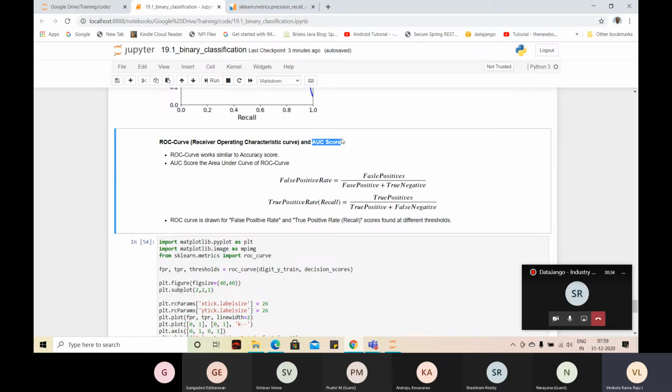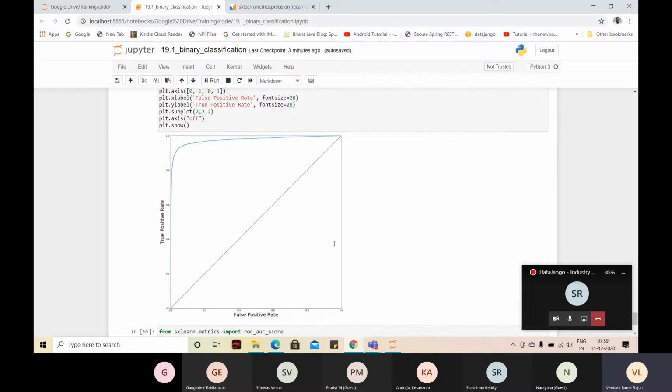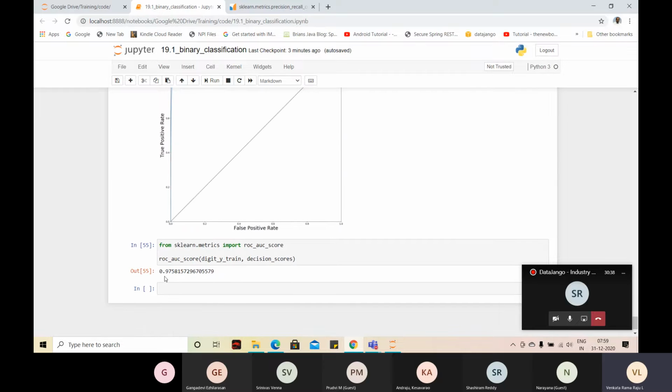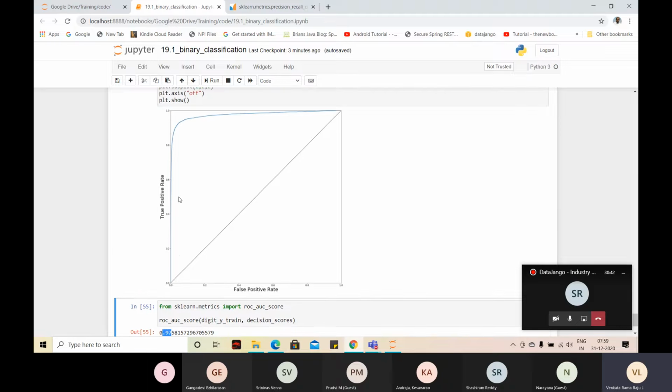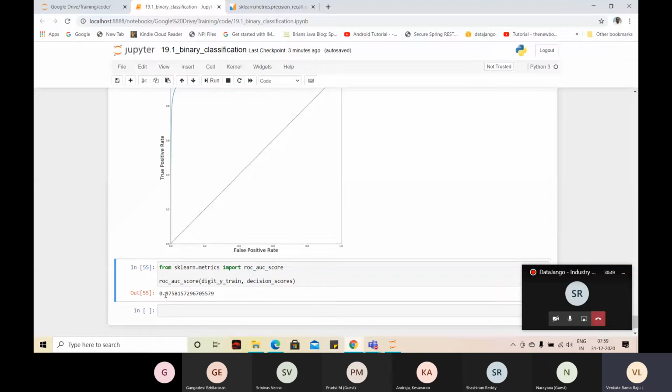AUC score and accuracy score are going to be similar. If you see the AUC score, it is 97%. What is the AUC score? Area under the curve. See this line? The area under this curve is going to be the AUC score. So it is 97%.